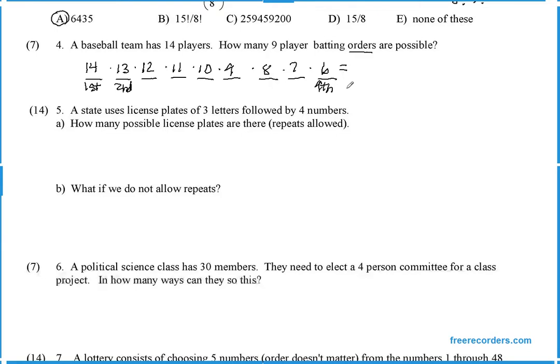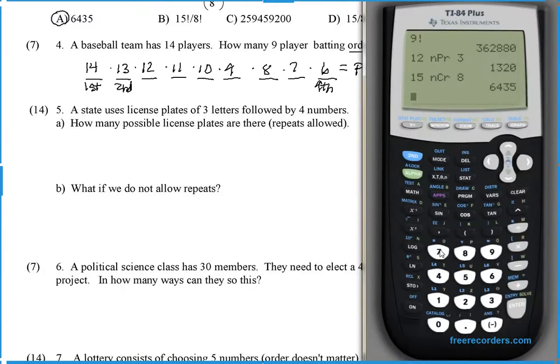And if you want to use permutations to do this, then this would be permutations or orderings of 9 from 14. So the total is 14, and we're ordering 9 out of the 14. So this again is going to be, the key punches would be 14, nPr, 9. And that'll give you the same answer as if you just multiply all these together.